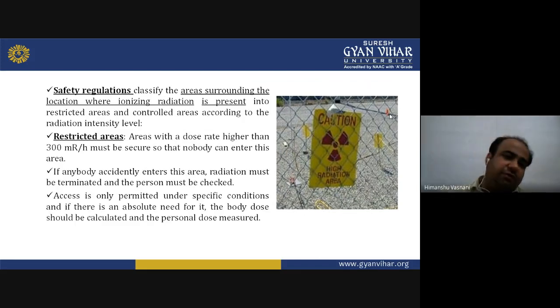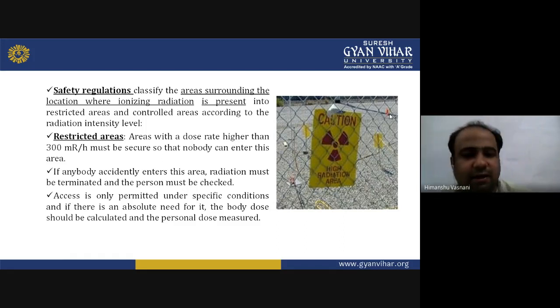Now, safety regulations classify the areas surrounding the location where ionizing radiation is present into restricted areas and controlled areas according to radiation intensity level. Restricted areas with dose rate higher than 300 mR per hour must be secured so that nobody can enter. If anybody accidentally enters this area, radiation must be terminated and the person must be checked.